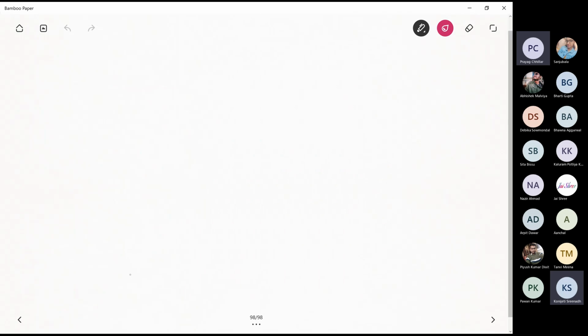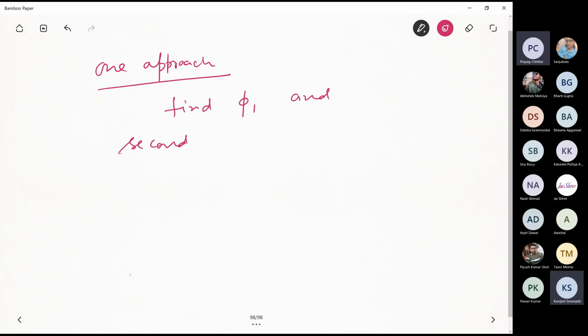One approach is to find the first function, phi1, and the second solution can be found using a formula. You can write phi2 as phi1 of t times a function v of t, and find v of t.